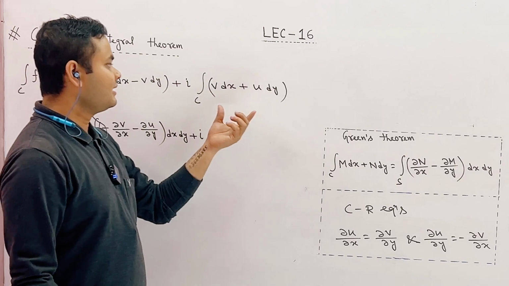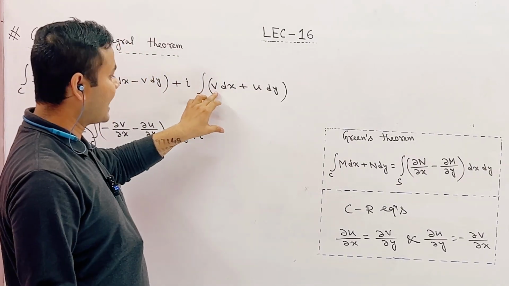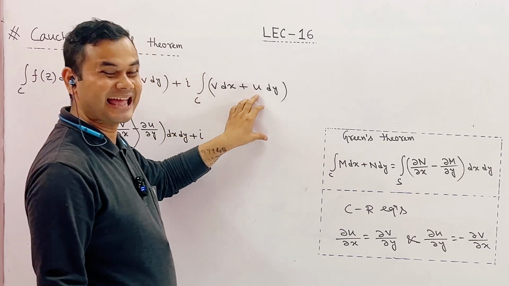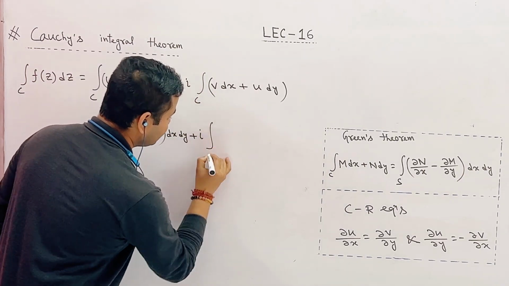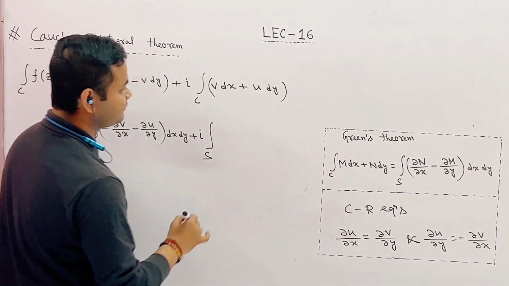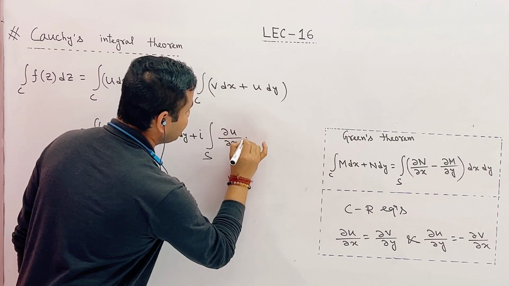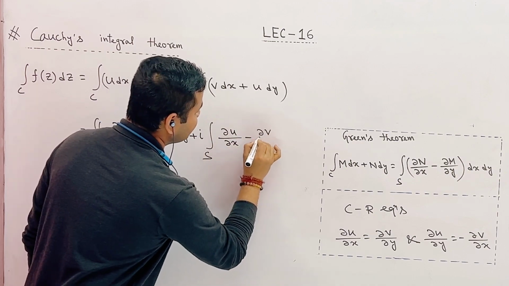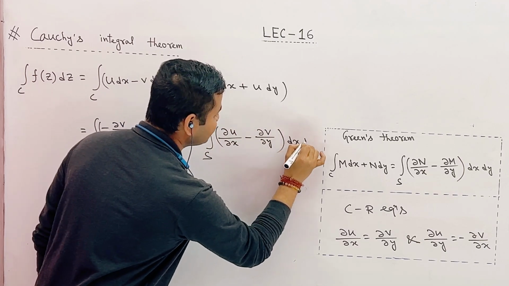Again let us apply Green's theorem for this integral. So for this integral, m equal to v and n equal to u. So we will get surface integration of del u by del x minus del v by del y into dx dy.